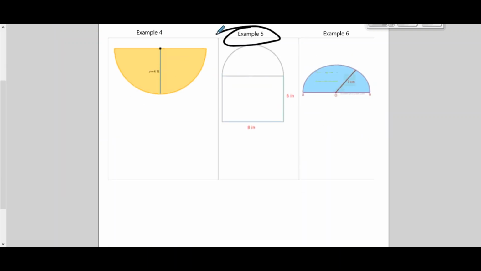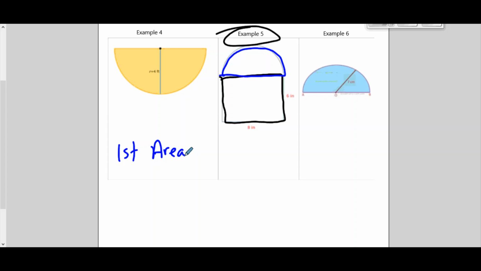So for that middle part, for example 5, notice I have 2 different shapes here. I have this shape, which is a rectangle, and this shape, which is a half circle. So what I'm going to do is first I'm going to find the area of the half circle. I'll write semicircle.